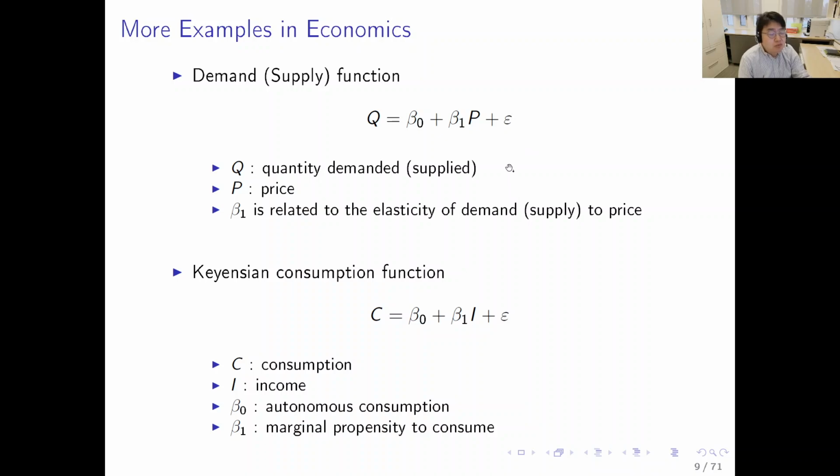The market could be a little bit inefficient or a little bit off the equilibrium. So that can happen. There can be something in the supply chain or demand trend. So all these things other than price are included in epsilon.